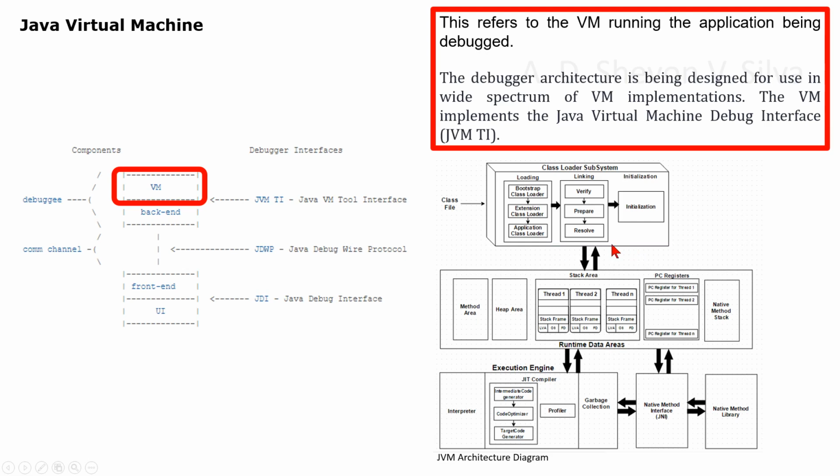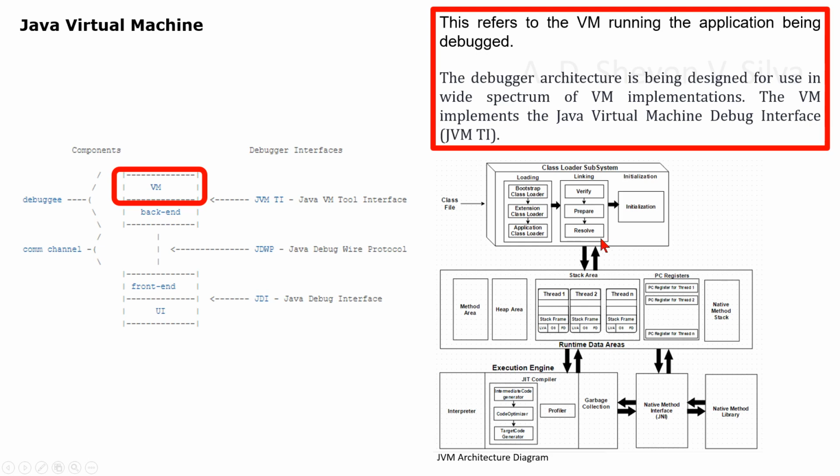Linking. Verify. The bytecode verifier will verify whether the generated bytecode is proper or not. If verification fails, we will get a verification error. Prepare. For all static variables, memory will be allocated and assigned default values.